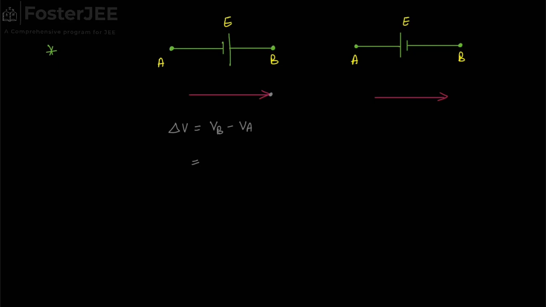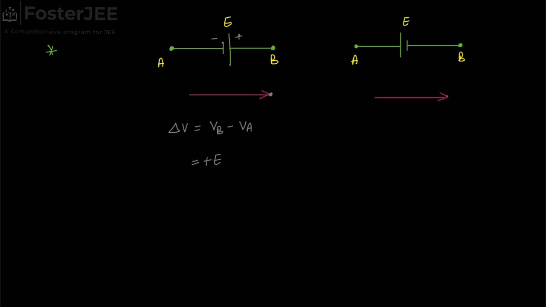Why? Because it is connected to the positive terminal of the battery. Similarly, A is connected to the negative terminal of the battery. Hence, A is at lower potential and B is at higher potential. So VB minus VA is E, that is positive E.